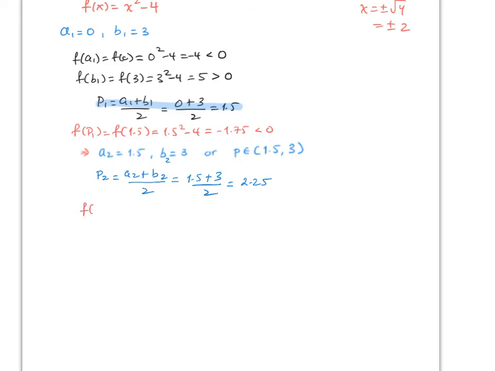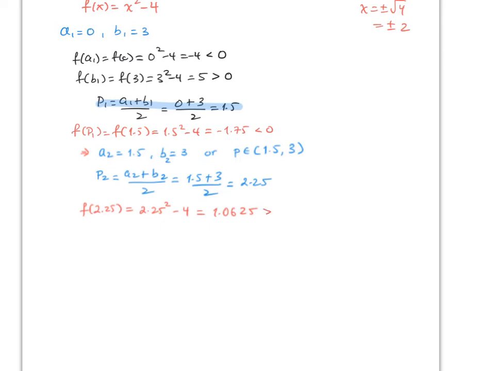And check again, f of 2.25 is going to be 2.25 squared minus 4, which equals 1.0625. Remember that the goal is to get to 0 here. So you have to do this a few more times, and that's why you actually program this to do in a computer, because to do it by hand it can take a while.